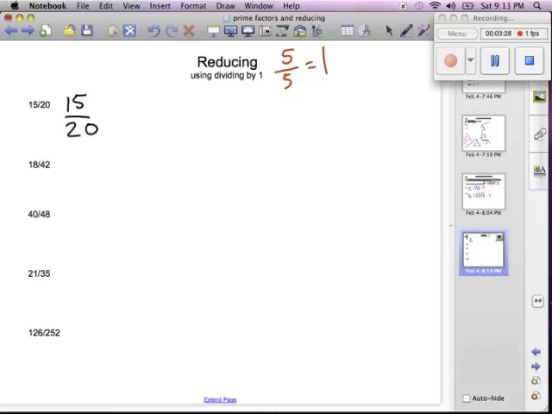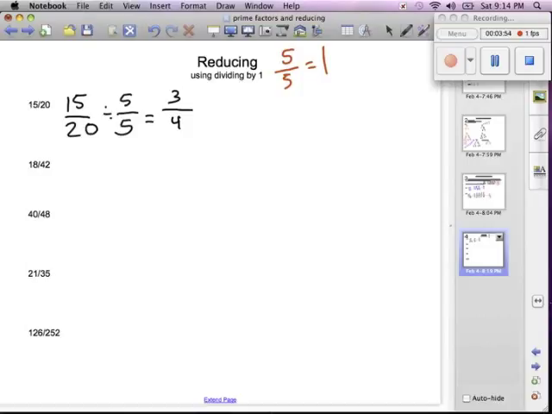Both 15 and 20 are divisible by 5. So let's start there. I don't need to know the whole prime factorization. I just need to know one number that works. And let's divide it out of there. 15 divided by 5 is 3. 20 divided by 5 is 4. Those are not divisible by anything else, so we're done.